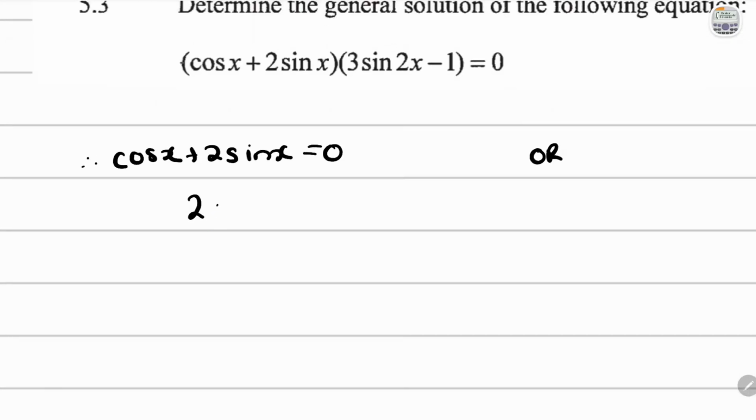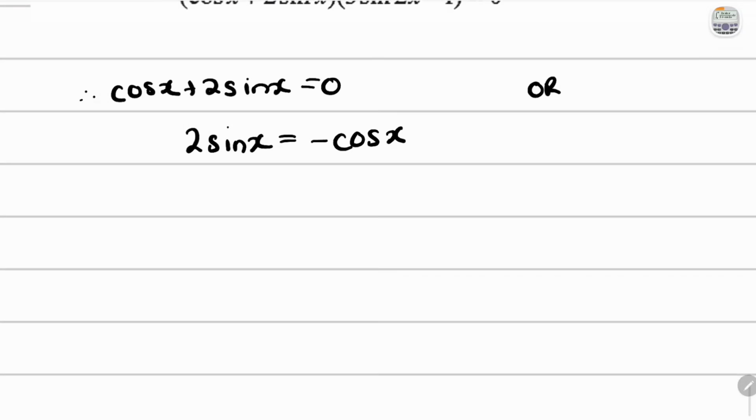So we're going to leave sine x here is equal to, and when that goes over, it becomes negative cos x. Then we need to form tan, like we said. So to form tan, you're going to have to divide both hand sides by cos, because you want to make it sine over cos. So over cos x on both sides, because it's an equation.